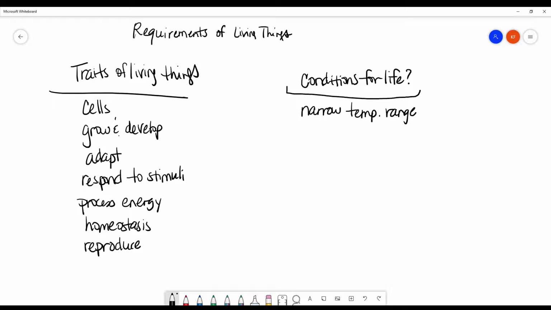All right, so I've set my timer for a minute. Try to come up with at least 3 more things. So these are conditions for life. We already talked about the characteristics, the traits that all living things have in common. But now what are the conditions?